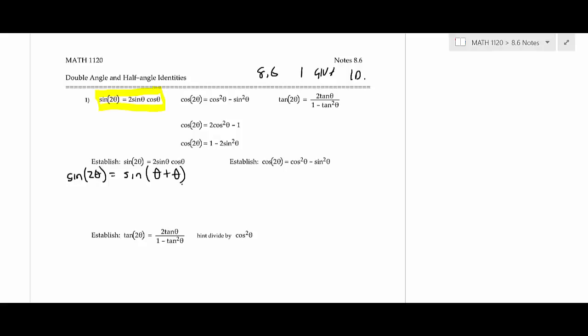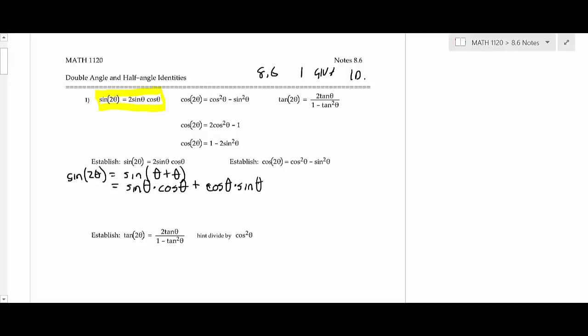Identity, right? Sine, cosine, cosine, sine, same sign. We're going to go ahead and use the sine sum identity. So write it down. It goes sine of the first angle, cosine of the second, same sign, then it goes backwards: cosine of the first times sine of the second. That's the identity that we worked on in the previous section.